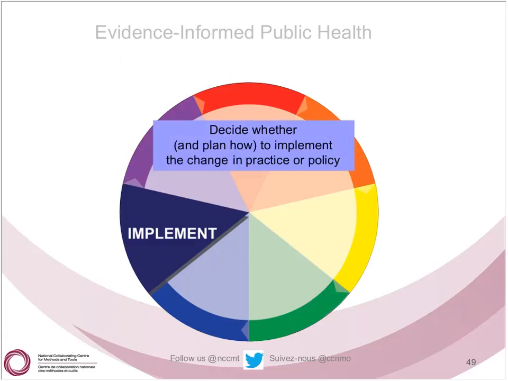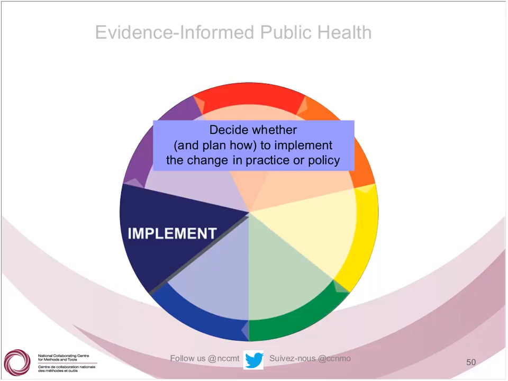Now, moving along through the wheel, the implement step. So we always, I think, especially those of us who work in applied and community kinds of fields, we like to get to this step, right, because it feels like, okay, we're doing something finally. The steps up to this are leading us to implement things that have a good chance of working, of having the desired effect, of being acceptable and effective in our community, of being responsible in terms of resources.